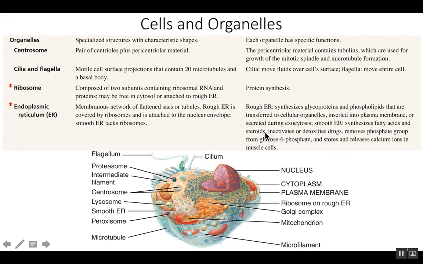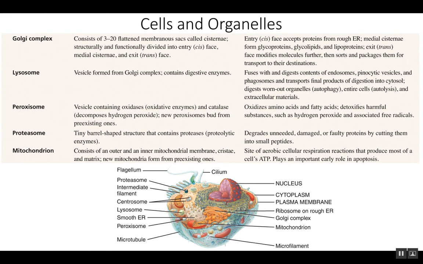When we get into the liver, we're going to learn that the liver has a very, very robust ER. A lot of ER in cells of the liver. And that's because one major function of the smooth ER is to detoxify. And your liver detoxifies your blood.